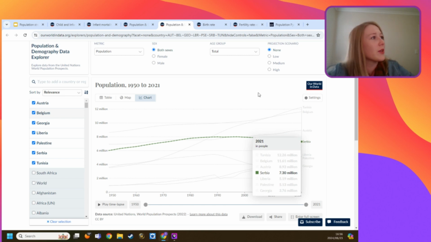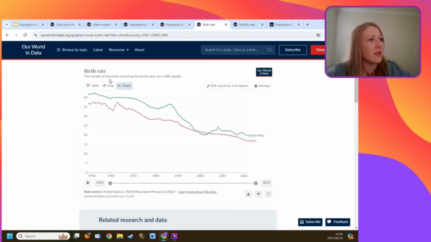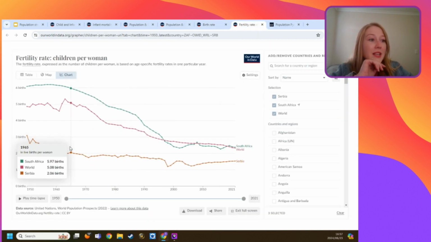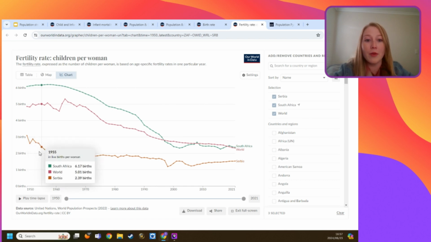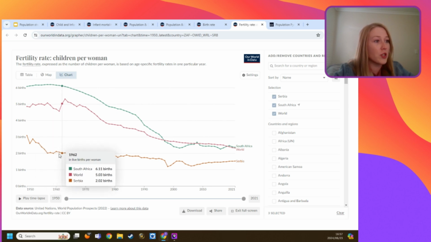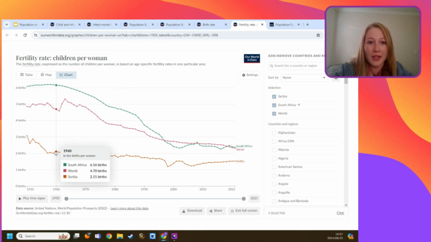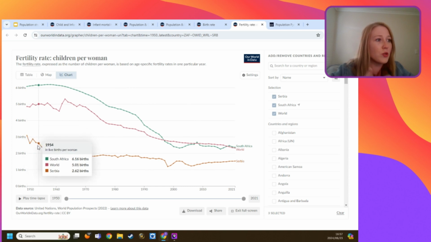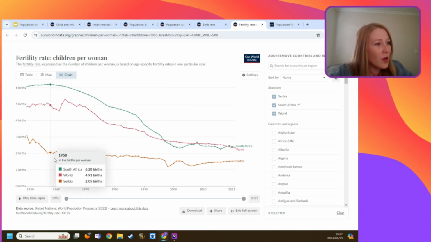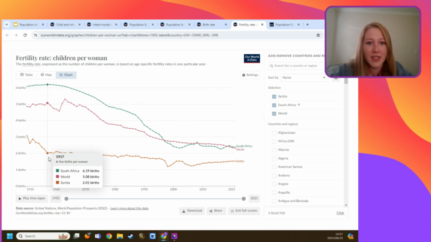That's interesting. I want to see what the birth rate looks like. Oh wow, that's actually been quite low for a while. Remember, the replacement rate is 2.1. So you need a fertility rate of 2.1 for a population just to maintain itself. And we can see that it's been in the 2 point something region for a while, and it's gone below the replacement rate since 1957.